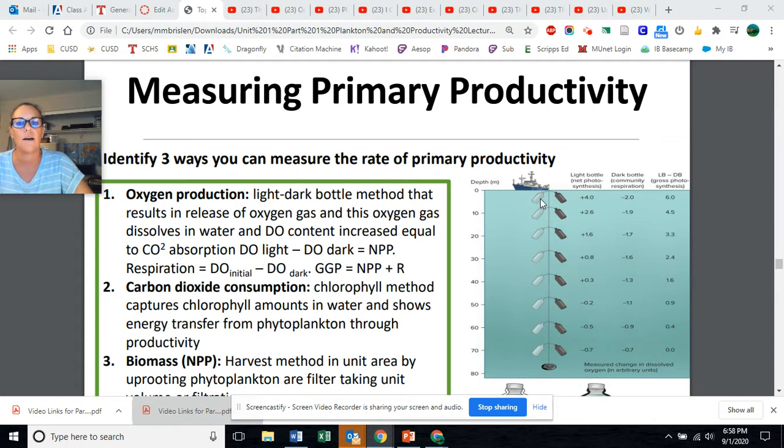Remember, one bottle will always have respiration going on, but if it's a light bottle, the sun is going to penetrate and you'll see oxygen production, so photosynthesis. Whereas in a dark bottle, all you're going to have is respiration. That gives us the data, the numbers. By looking at the dissolved oxygen, we can determine how productive these water columns are.